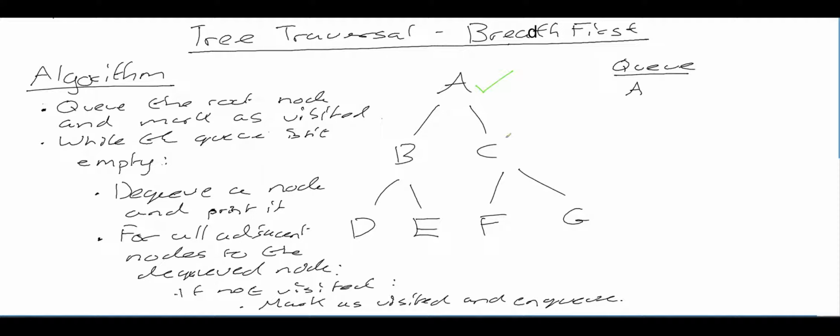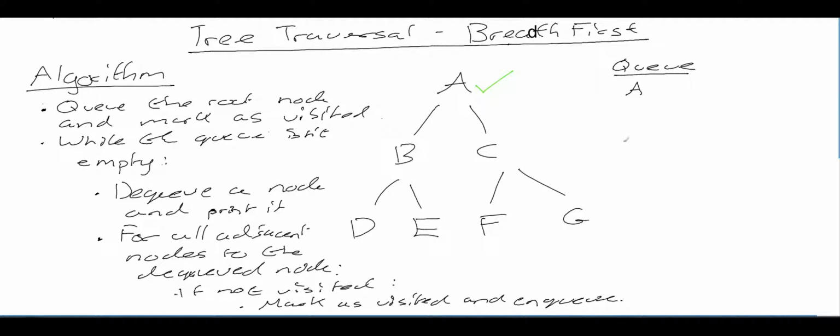For this algorithm, it's really important that we use a queue, because a queue is a first in first out data structure. So we can only add elements to our queue at the end of the queue, and we can only get elements out of the queue at the beginning of the queue. And that's a really important property of the queue data structure that allows it to work with this algorithm.